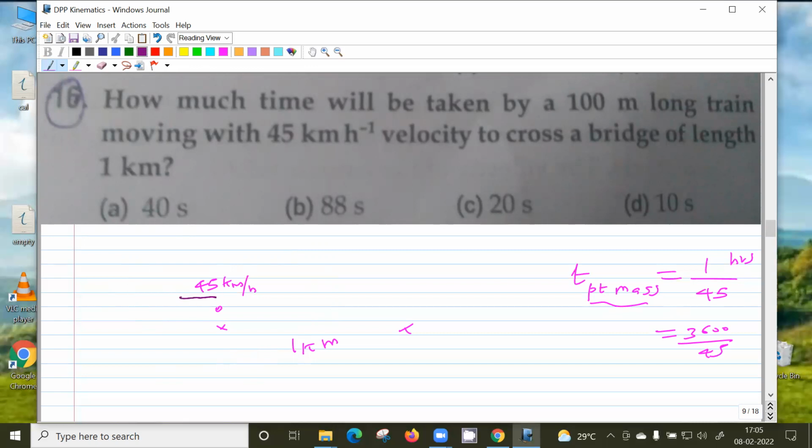When it's about to cross, the train will be like this. Okay, the train is moving in this direction. So the train at some time will come like this, and still further time, the train will become like this. Okay, so this is the front end of the train.